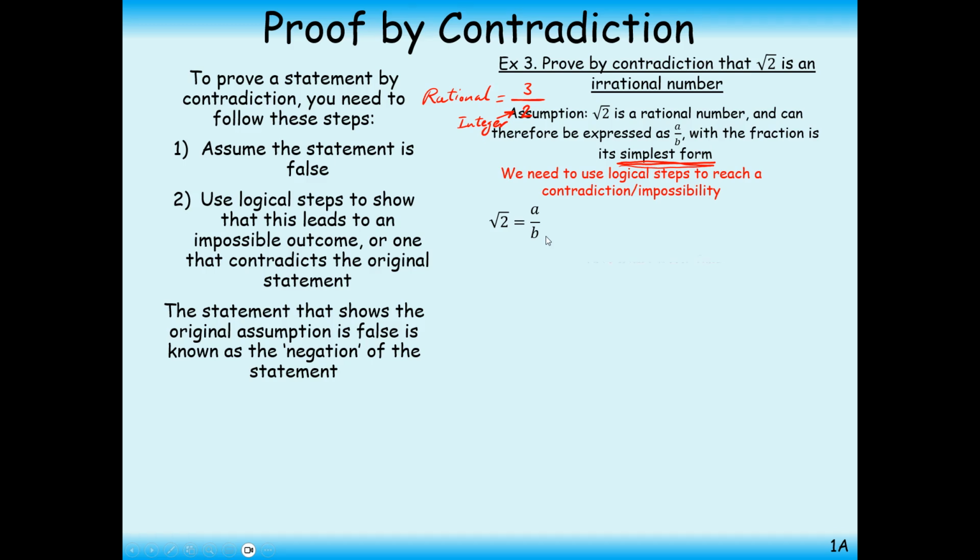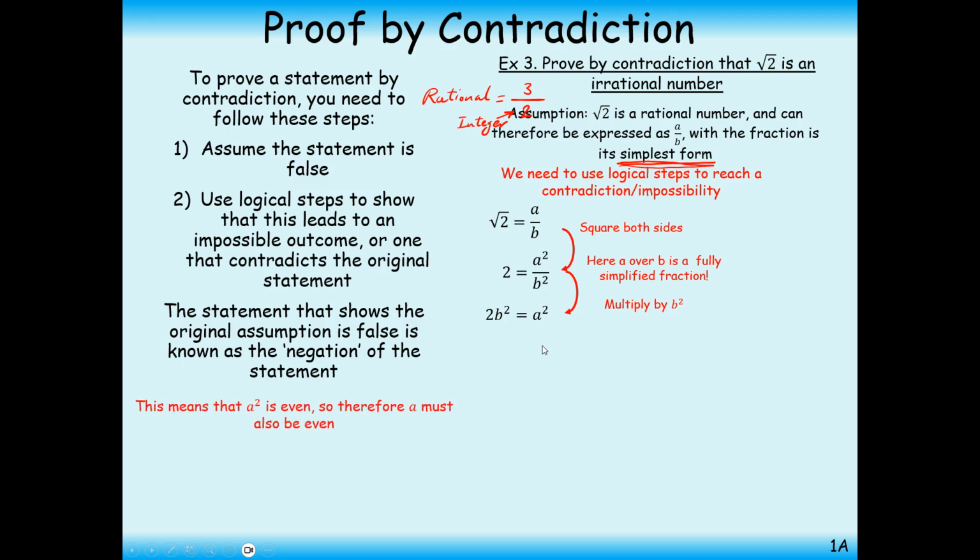So we're going to square both sides and multiply by b squared. Let's see what happens. After squaring both sides and multiplying by b squared, we end up with this expression here. This means that a squared is an even number. Clearly a squared is a multiple of 2.